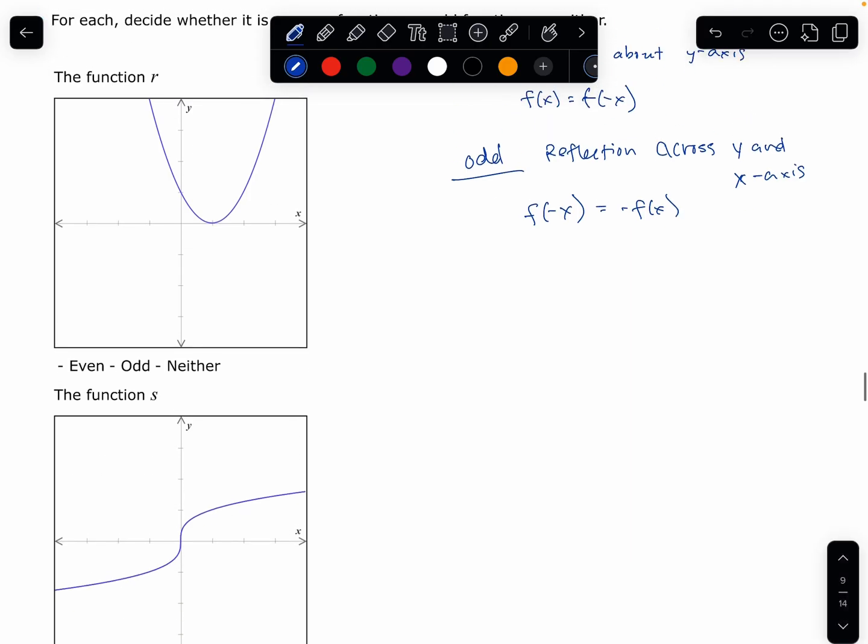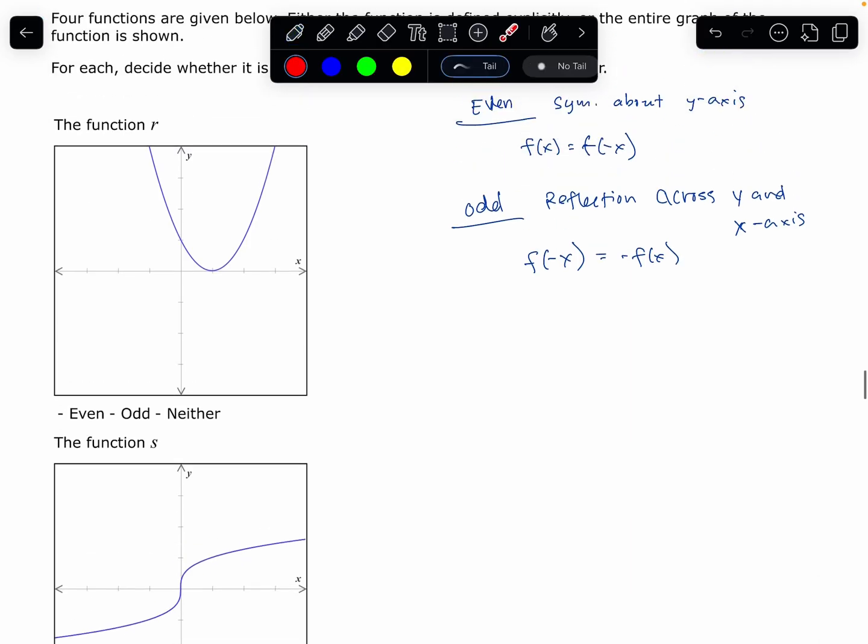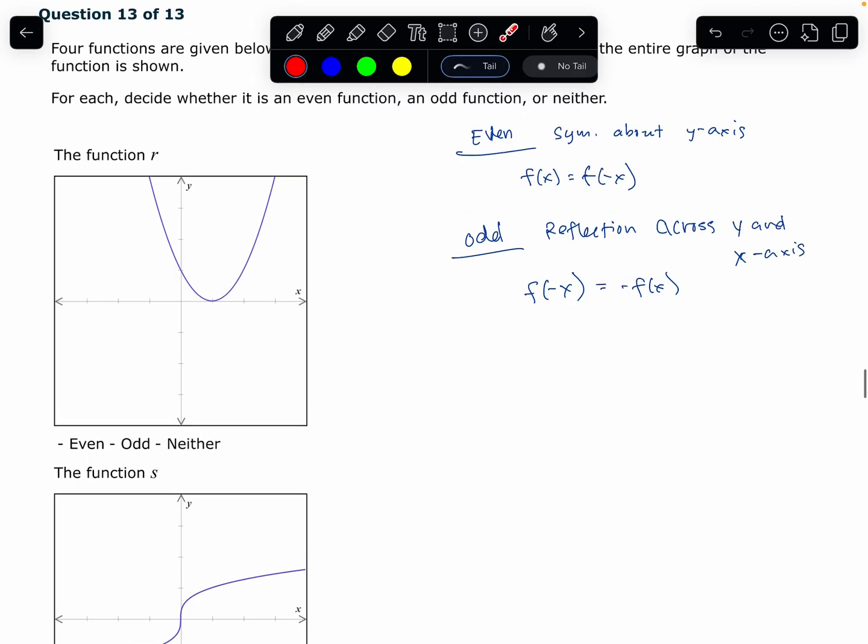Okay, so if you take a look at these graphs right here, this graph can't be even because it's not symmetrical about this line right here, and it's not odd because if you take this graph, reflect it across the y-axis, which would look like this, and then reflect it across the x-axis, it would look like that, so they wouldn't be the same.